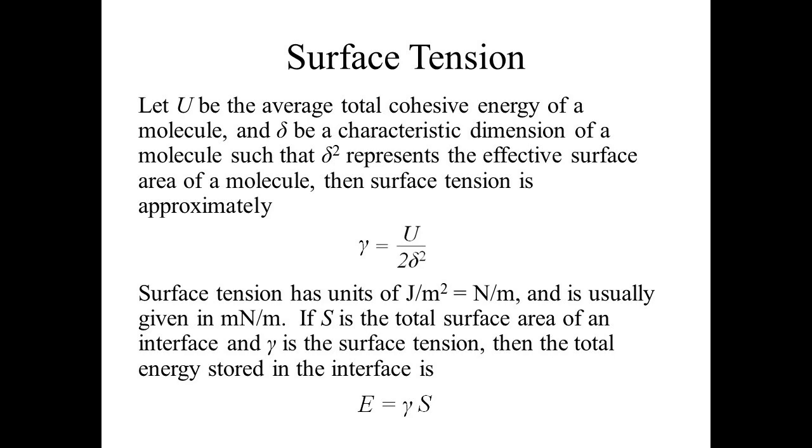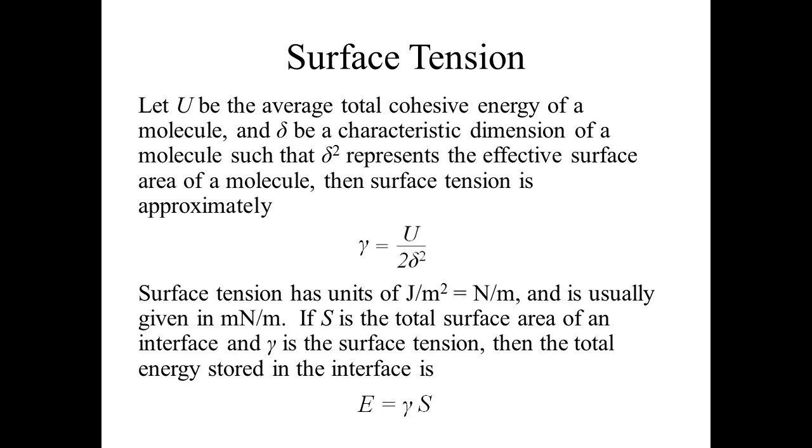The unit for surface tension is J per meter squared, equal to Newton per meter, and it is usually given in milli-Newton per meter. If S is the total surface area of an interface and gamma is the surface tension, then the total energy stored in the interface will be E equals gamma times S.